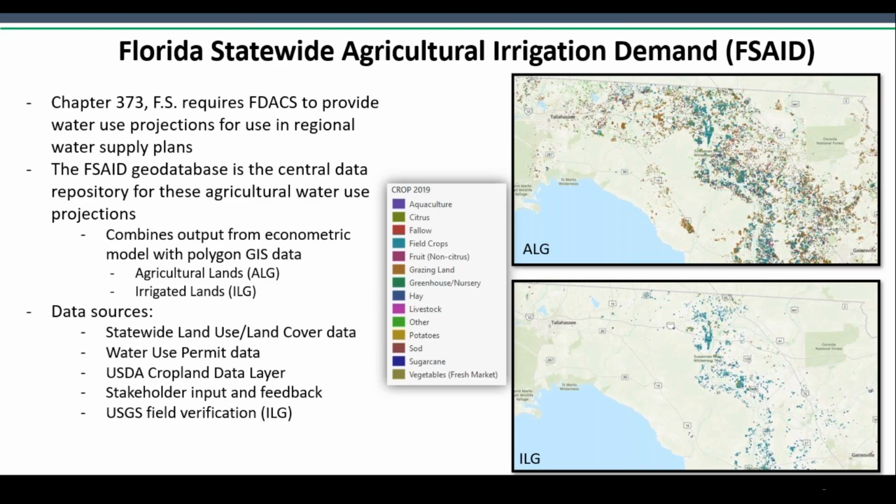OWAP has a legislative requirement to provide agricultural water use estimates to the water management districts for water supply planning purposes, as the FSAID is an econometric model that considers environmental factors such as rainfall, climate data, soils, and economic factors such as price forecasting to estimate projected water use demand. And this database is updated on an annual basis using a variety of data sets via ongoing mapping and ground truthing efforts to refine agricultural lands.